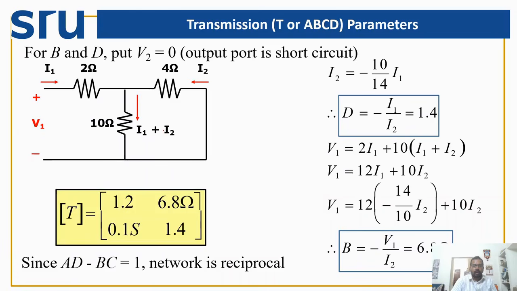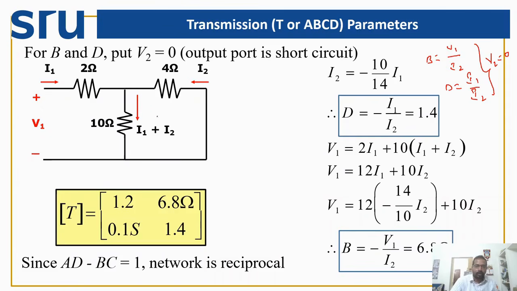To find the value of B, it is equal to V1 by I2, and D is equal to I1 by I2. These are obtained when V2 is equal to 0, that is, short circuited. So we need to bring a relationship between V1 and I2, and between I1 and I2.